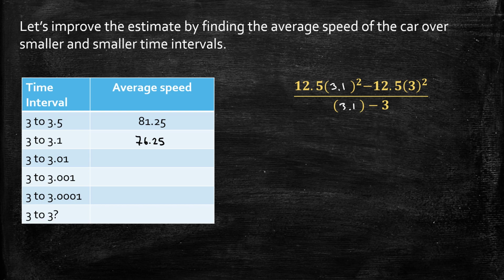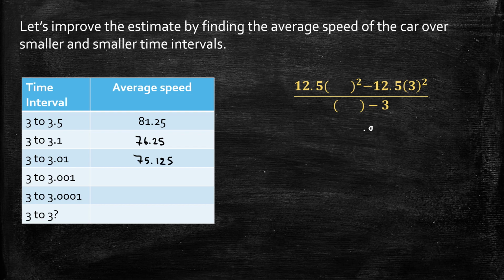And then from 3 to 3.01, when we put 3.01 in here, 3.01 in here, if you think about it, 3.01 minus 3, that's a time interval of 0.01. And the difference in these two calculations really just tells you the distance traveled by the car in that time frame. And if we work that out, it comes to 75.125.